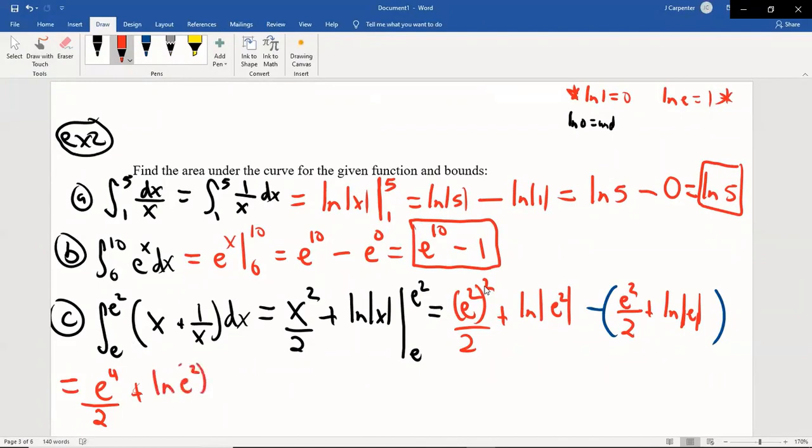You might want to write it this way so that you don't think that the 2 is squaring the natural log, that it's squaring the e instead. I can distribute the negatives, so that's going to be minus e squared over 2 minus the natural log of e. Once again, e is a positive number. It's 2.71828, blah, blah, blah. So the absolute value of a positive is a positive.